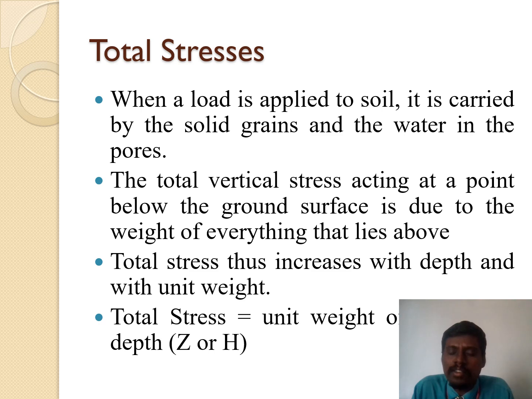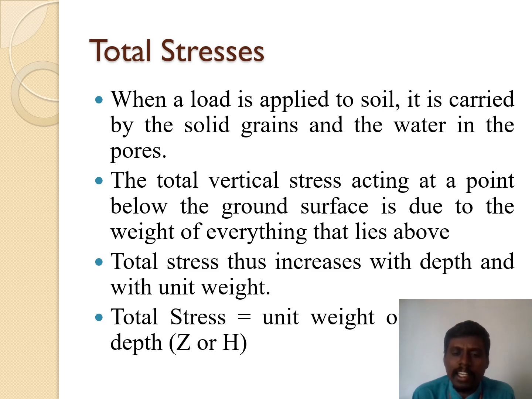Self weight of soil means gamma, and overburden pressure means gamma into D. Generally the total vertical stress consists of two major things: one is the neutral or intermolecular stress, and another one is the pore water pressure. Next, total stress sigma is equal to sigma dash plus U.